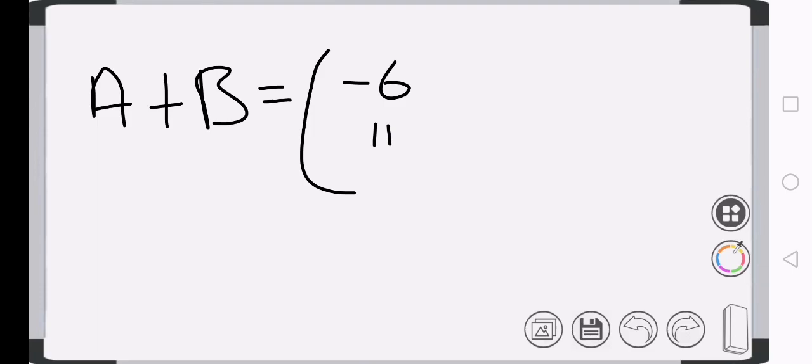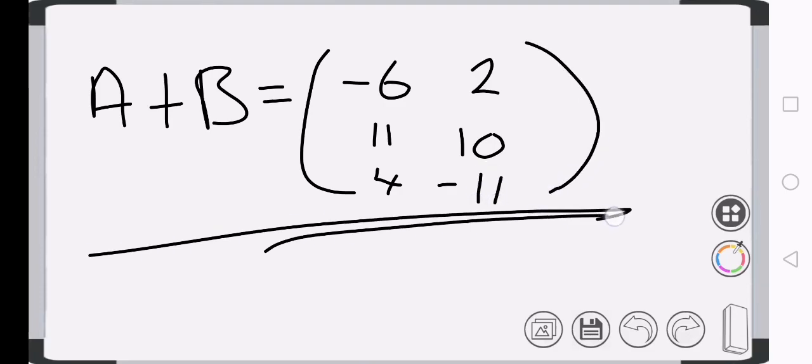Then 10 plus -6 will give us 4. I hope you're following. Then 2 plus 0 will give us 2. 9 plus 1 will give us 10. And -3 plus -8 will give us -11. It's as simple as that. That's how adding of matrices works.